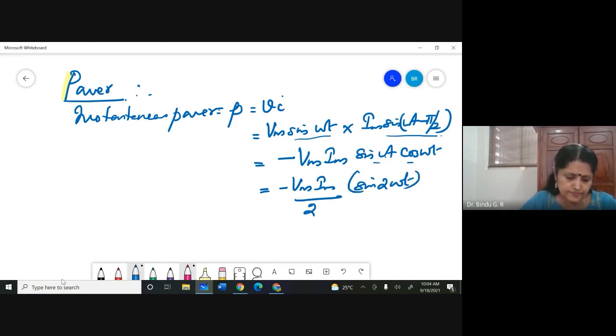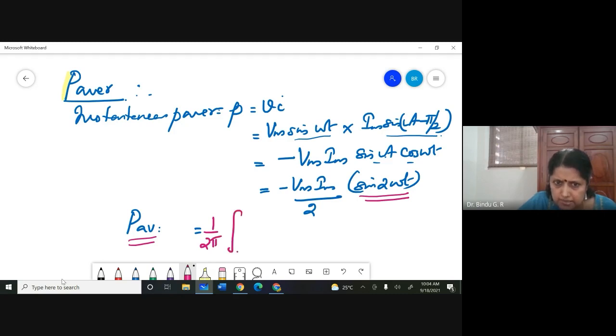Now, if I find the average power over one cycle, what will be the value? You can see there is a sin 2 omega t. The average value from the instantaneous value means 1 by 2 pi integral 0 to 2 pi of this quantity.